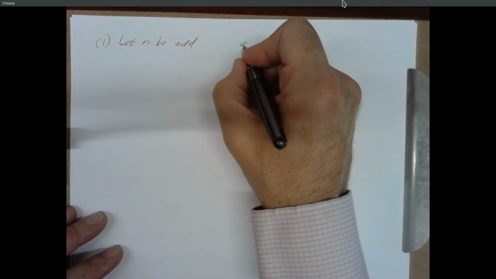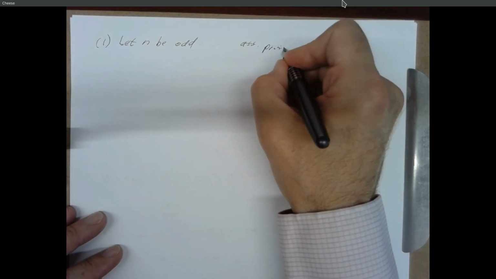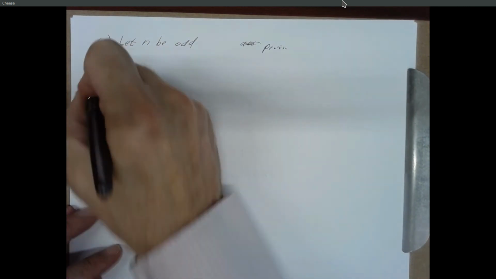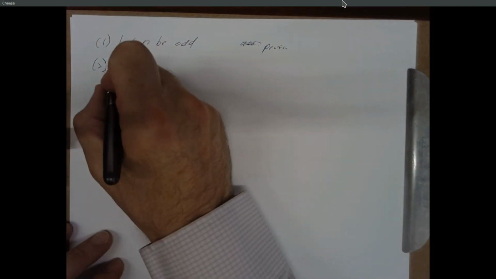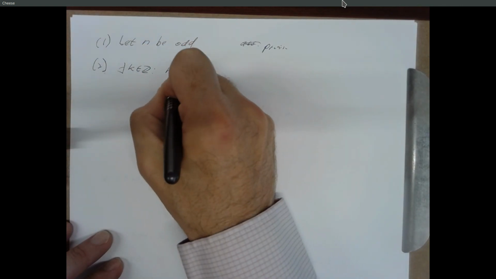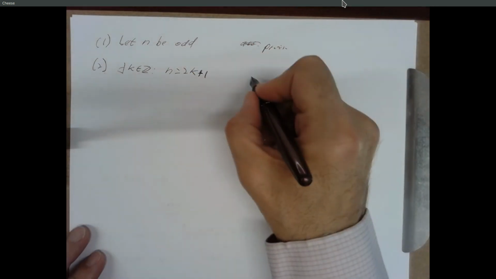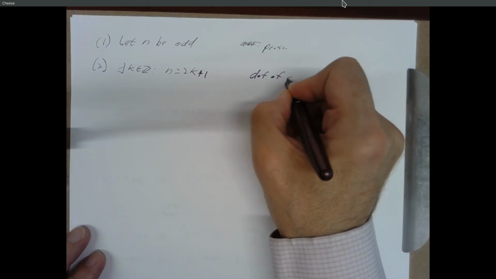So this is our assumption or our premise. So use the definition of odd. We said that n is odd means that there exists a k in the integers such that n equals 2k plus 1. That's the definition of odd.